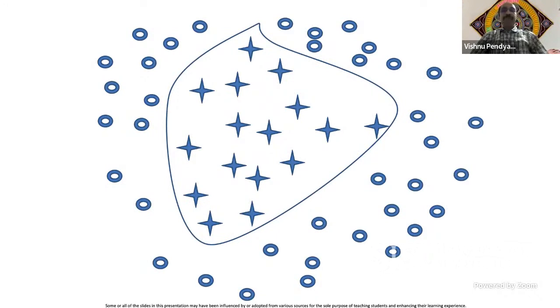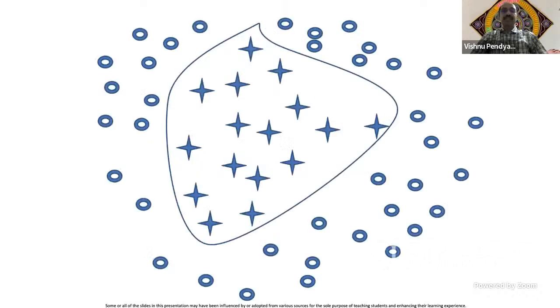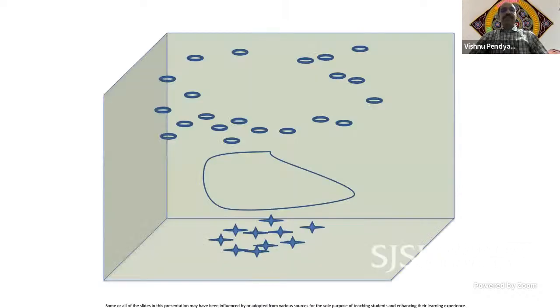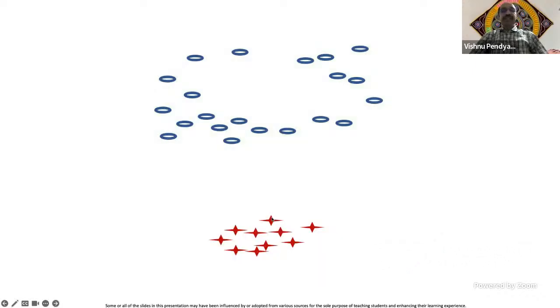So when we map this kind of nonlinear data set to 3 dimensions, so this was a 2-dimensional visualization, we can visualize that the points separate out, and the shape in 2 dimensions is now a surface in 3 dimensions. It separates the 2 sets of points, right? So that is the idea.